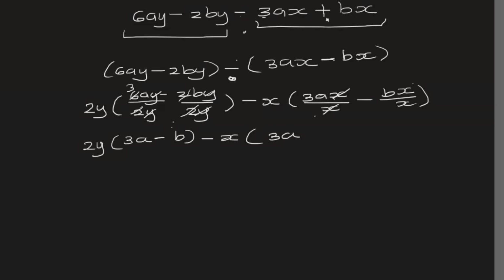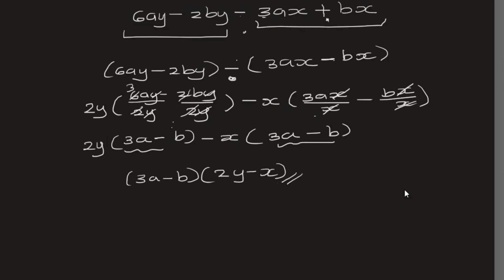B. Here, x and x will cancel out, and then we'll be left with b. So since these two parentheses have the exact same terms, we only write one down, which is 3a minus b, open a bracket, 2y minus x. And this will be our answer.